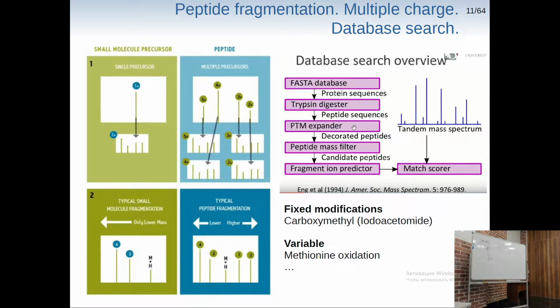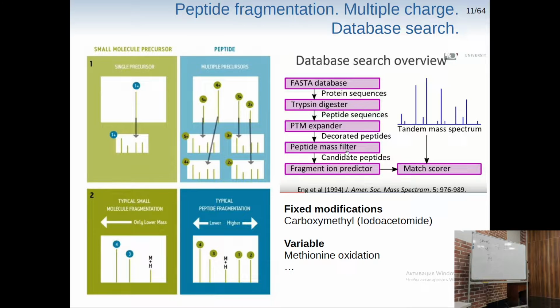So we have to use this post-translational modification expander and, after the trypsin digester, change the mass of every cysteine by the added mass, and also make a double version of any peptide which contained methionine, either with the oxidized form or with the normal form.